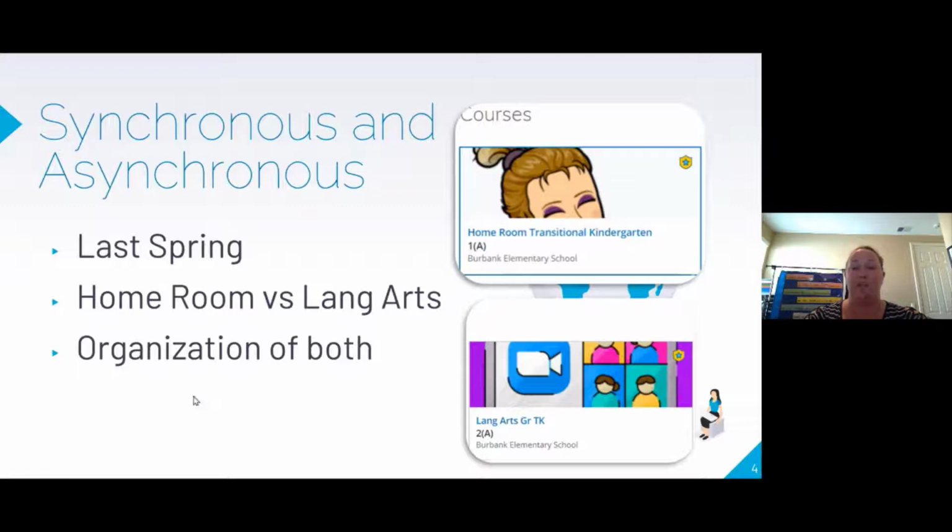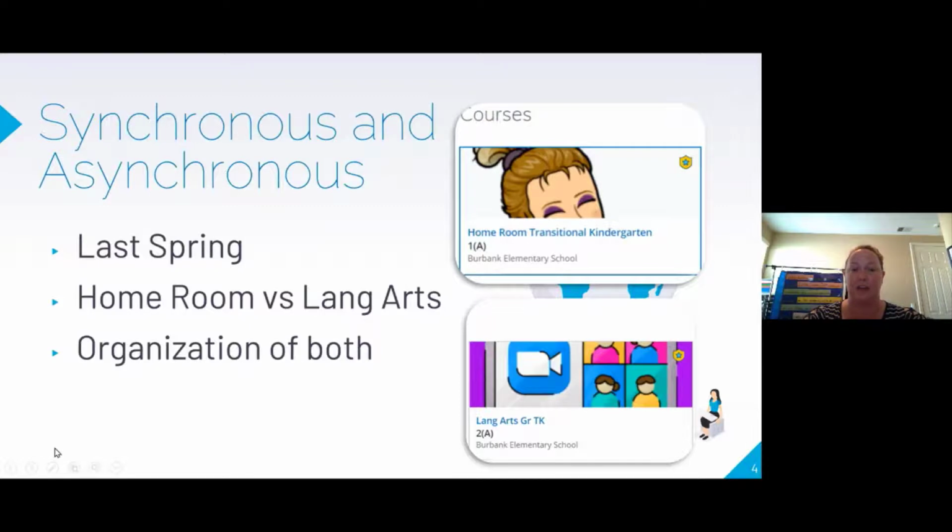And then in my language arts course, I use this for my direct instruction, or the synchronous part of my lessons of the day. That's the rough overview of the courses that I use in Schoology.